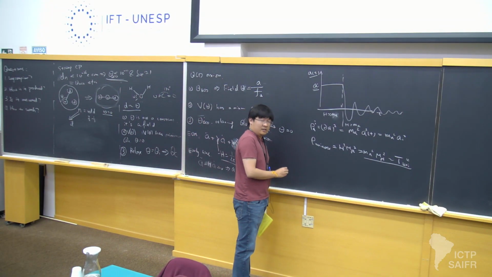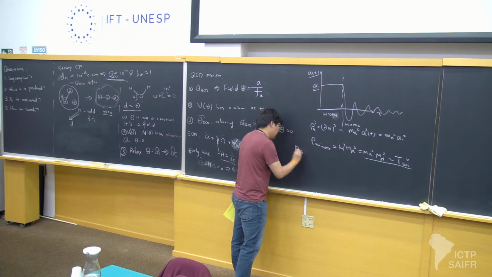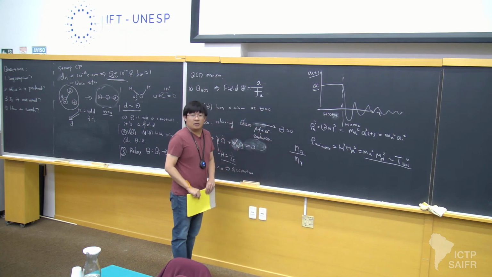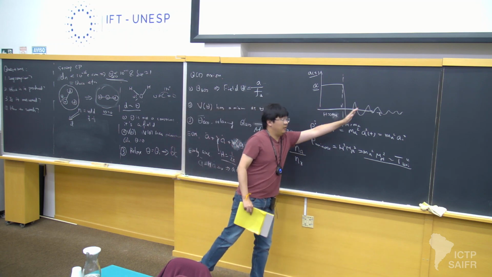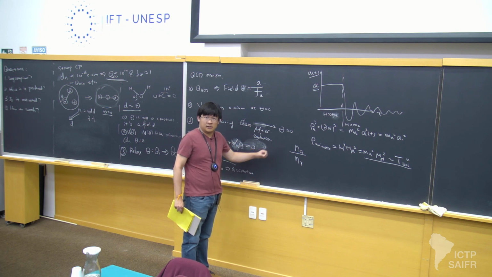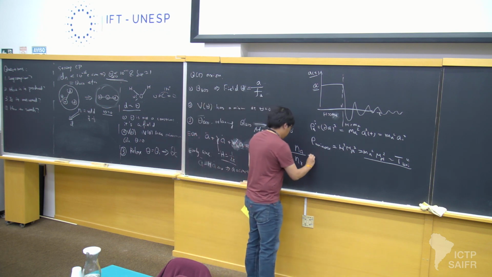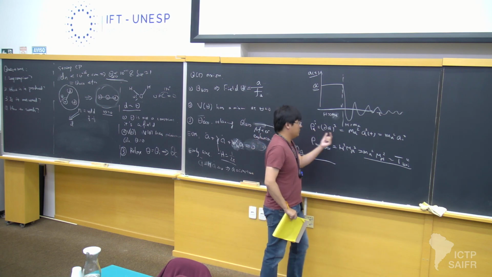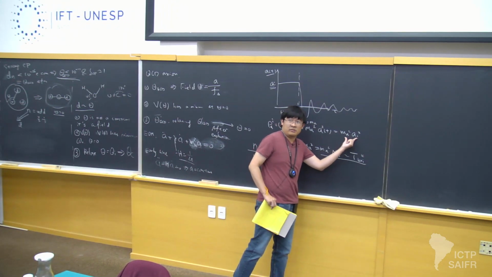The thing that stays constant is the number density of the particle over the number density of photon, right? Once this particle starts behaving like matter, this ratio has to stay fixed. So this quantity is basically my rho initial over ma, the mass of the particle.